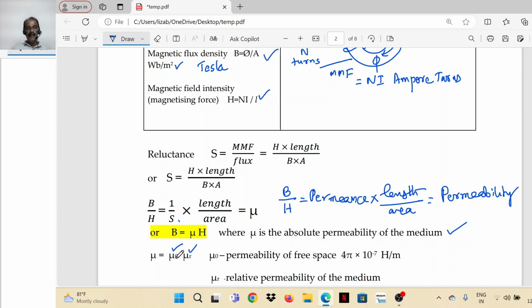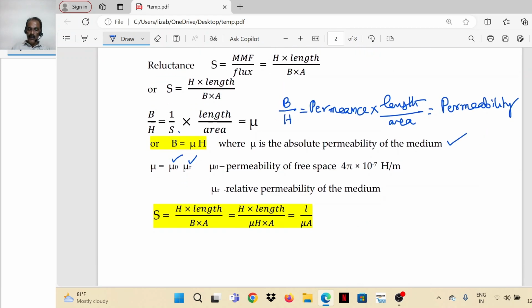For example, if the relative permeability of iron is 6000, then its absolute permeability is 4 pi into 10 to the power of minus 7, that is the permeability of free space, into 6000, which is the relative permeability of iron. So B is equal to mu into H is an important relation.